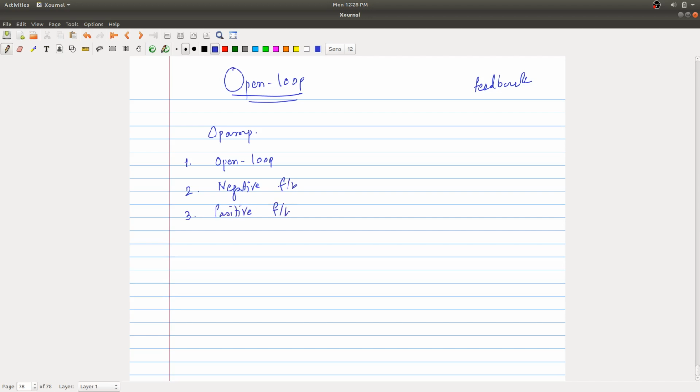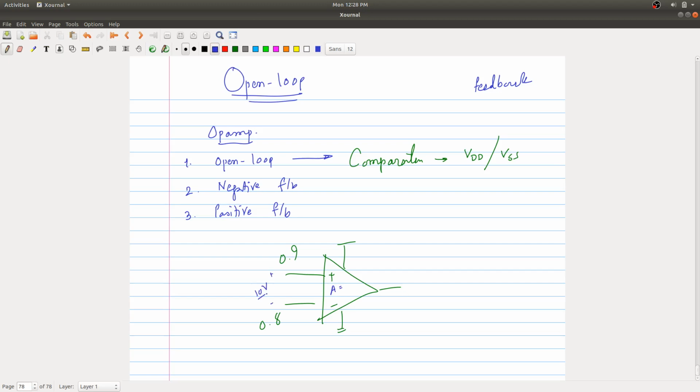If you are keeping open loop, it's not known as an op-amp, it's known as a comparator, whose output is either VDD or VSS, right? So it's just a comparator. If plus is higher than minus, so if this is 0.9 and this is 0.8, the output is VDD. The only thing we have to understand is that this amplifier gain is good enough to take care of this offset voltage, or IOV, input offset voltage.